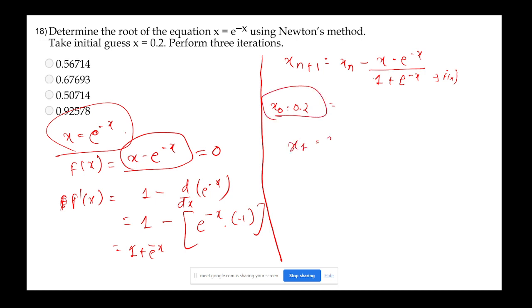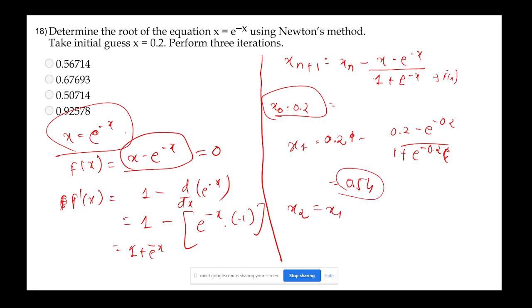So x1 equals 0.2 minus (0.2 minus exponential of minus 0.2) upon 1 plus exponential of minus 0.2. So this will come out to be 0.54.